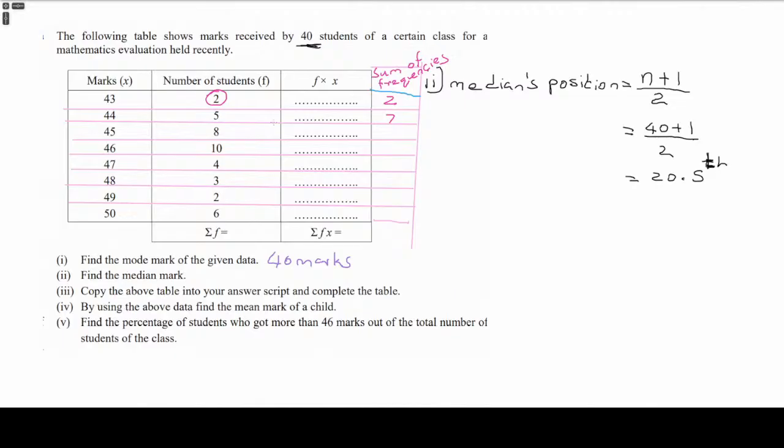Or another way, this 2 plus this 5 gives us 7. What's the next row? 7 plus 8. What is 7 plus 8? 15. Or else 2 plus 5 is 7, 7 plus 8 is 15. Got it?